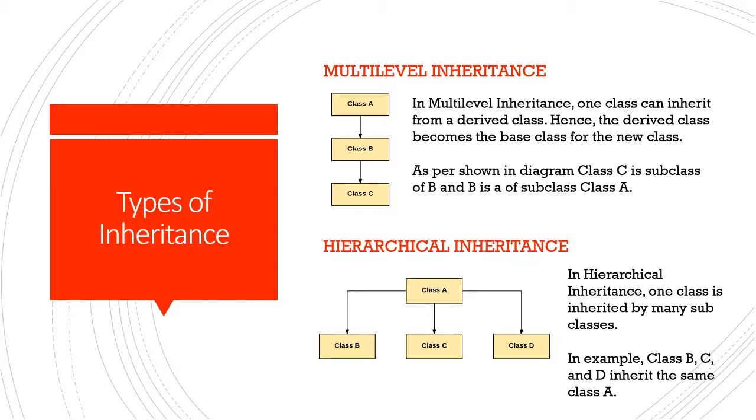As shown in the diagram, class C is a subclass of B, and B is a subclass of A. And the last one is hierarchical inheritance. In hierarchical inheritance, one class is inherited by many subclasses. For example, classes B, C, and D inherit the same class A.